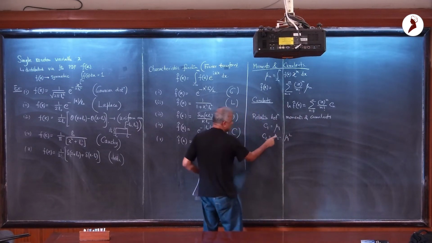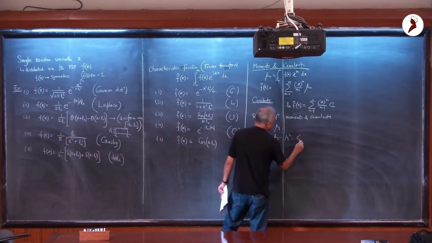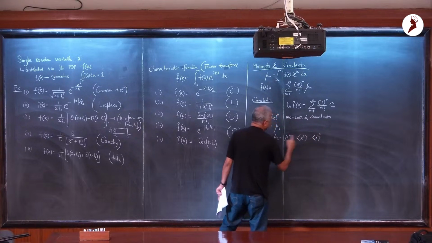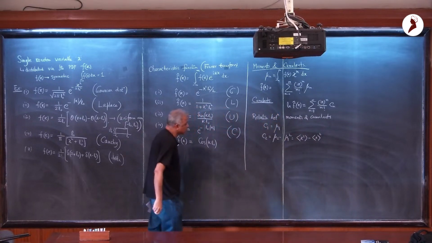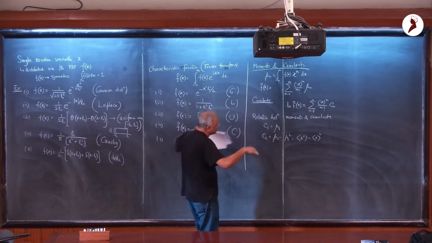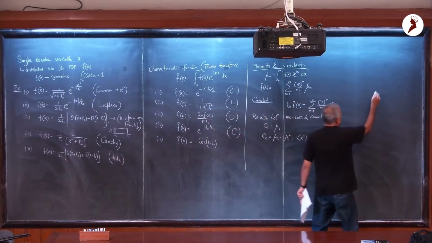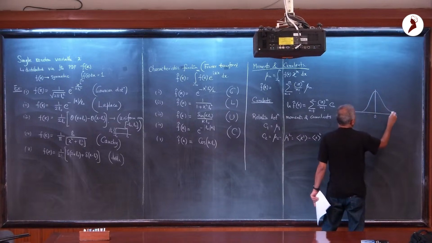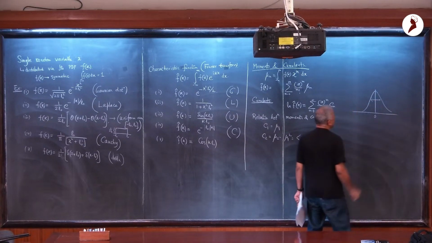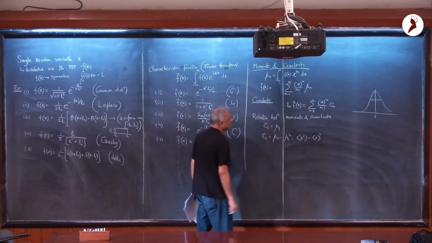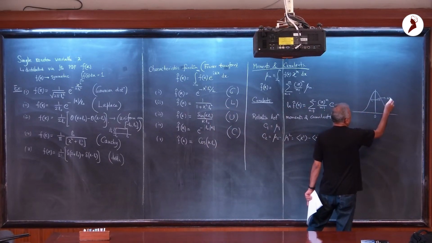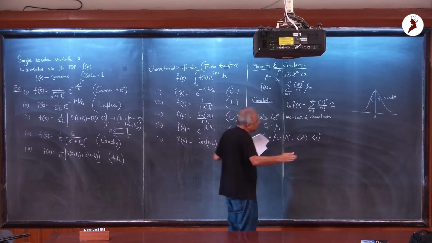This is just the expectation value of x squared minus the average x squared. So therefore, this is just the variance. It tells you, if you have a distribution, let's say the first moment is 0, so the PDF is something like that, then the square root of the variance, the square root of C2, gives you an idea of the width of this distribution: the fluctuation, how much it spreads around its mean value.